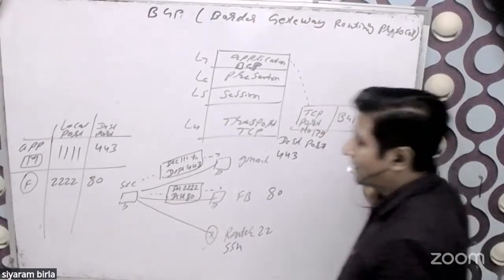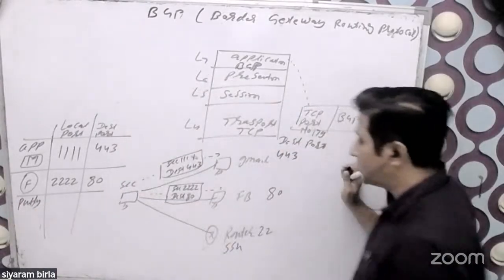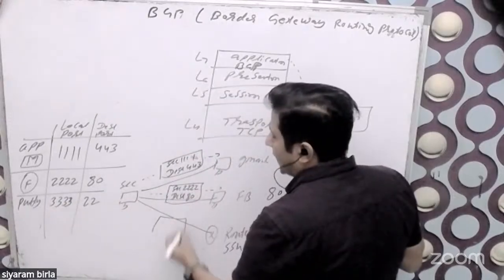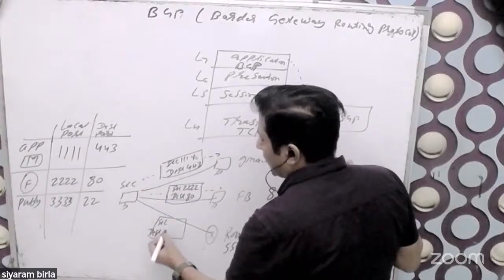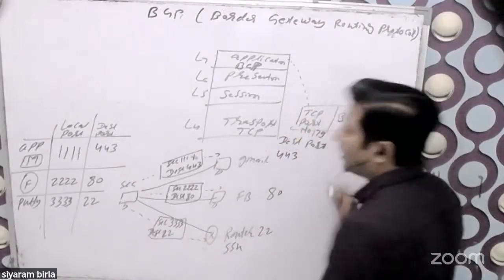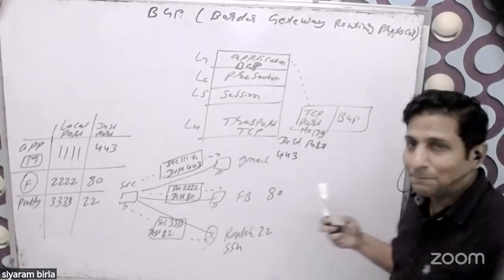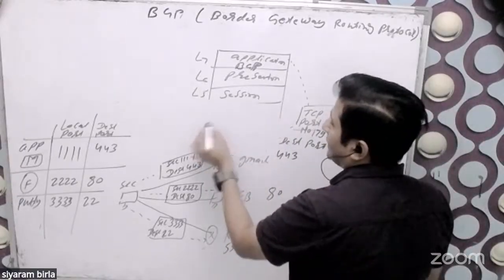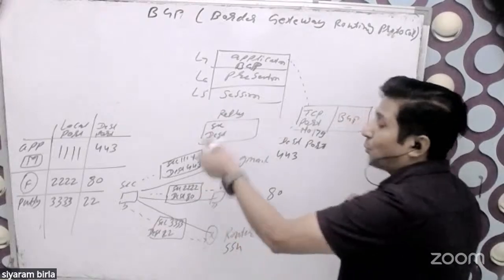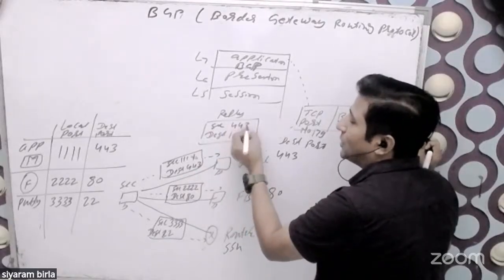Similarly, suppose this is the router. I use PuTTY, whose port number is 22, and suppose the local port used is 333. It generates a packet with source port 333 and destination port 22, and sends it to the router. After that, everyone generates a reply packet. In the reply packet the ports are reversed: the source port becomes the destination port and the destination port becomes the source port.